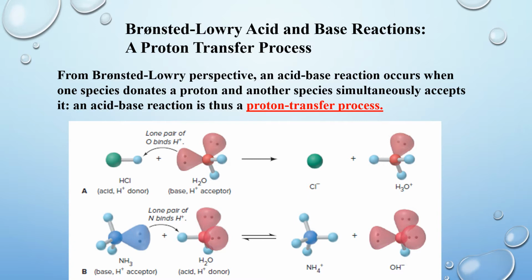In example A, we have hydrochloric acid, which is a strong acid, so it will dissociate in water. What's interesting is that in this case, water, instead of working as a solvent, is also working as a base. Why? Based on the definition, if it's something that can accept a proton, we can call it a base. When HCl dissociates in water, it will donate this proton.